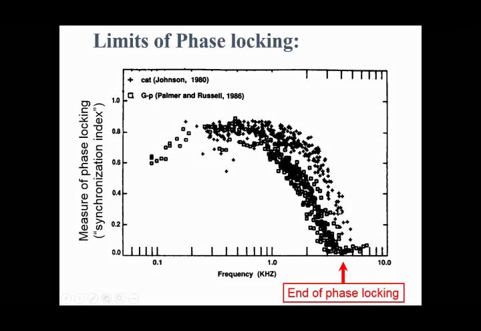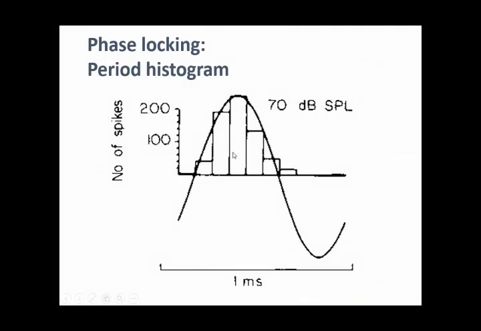Each of these dots is one nerve fiber, and what has been measured is how well this holds true. So how often the spike happens at exactly the highest point. If they only ever happen at the highest point, we give that a number 1. And if they are completely random, so they fire sometimes here and sometimes there, we call that a 0.